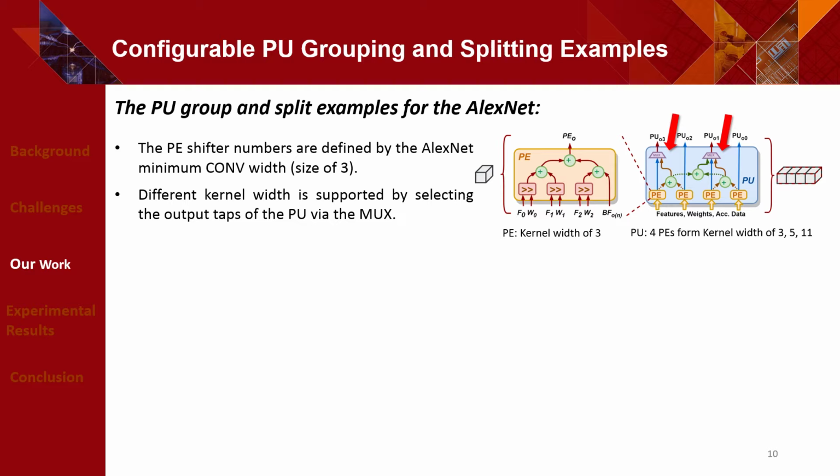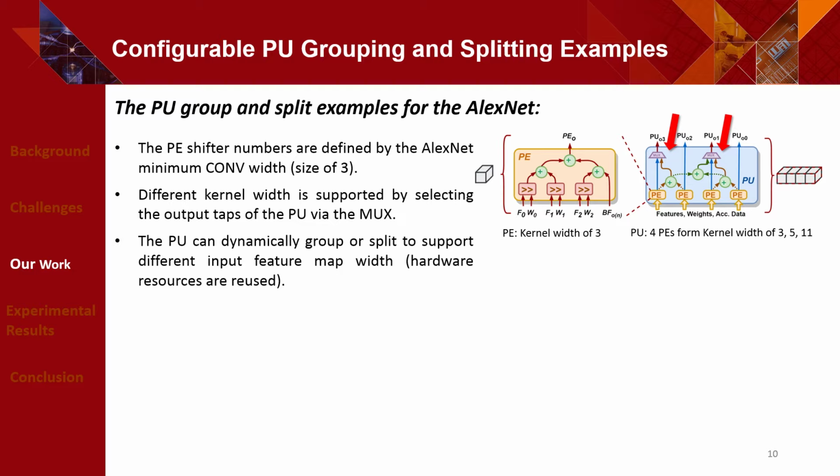So we use 2 PEs to form a 6. Then we can work with a kernel size of 5. And of course, these results can be selected by the output mux, which usually does not cost much, because the complex logic block or the lookup table usually comes with a dedicated mux itself, so we do not require additional hardware. And so this is much cheaper to implement as well.